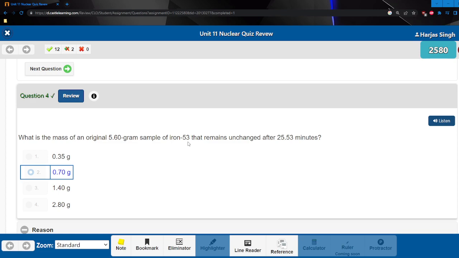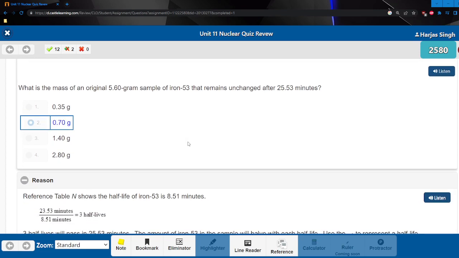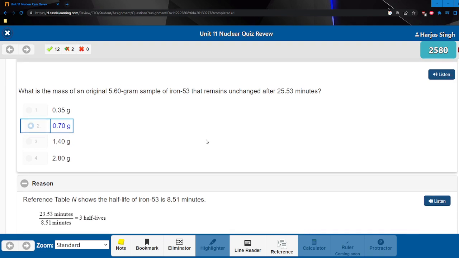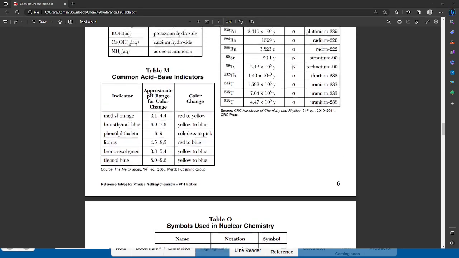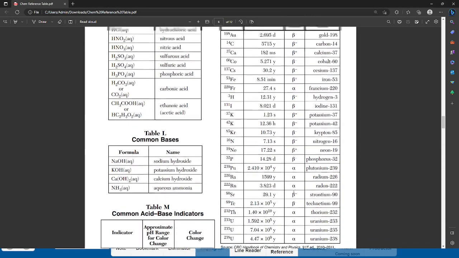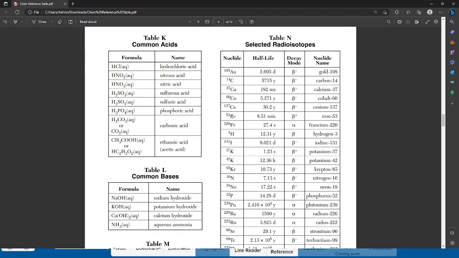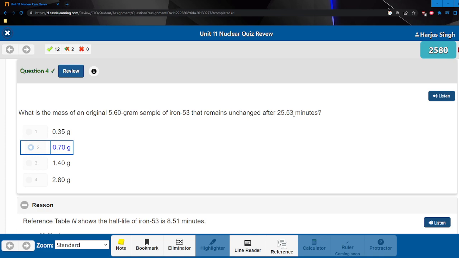Question 4. So this one you're actually going to have to do some math for. What I did first and foremost was go into the reference table for iron-53. We just looked at that for one of the earlier questions, 8.51 minutes, right? And if we go back to the actual question, right over here, 25.53 minutes.